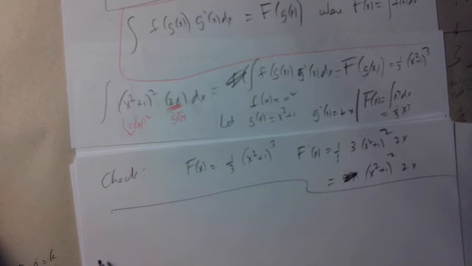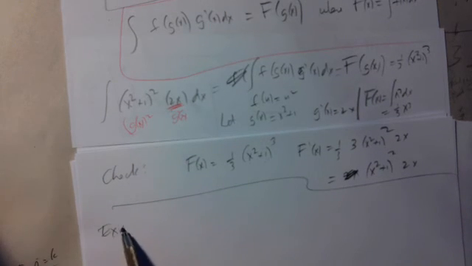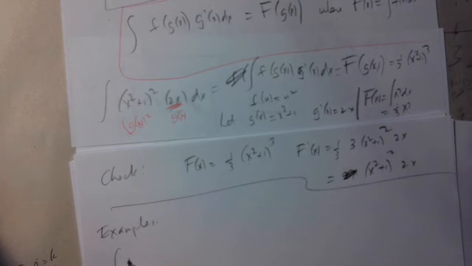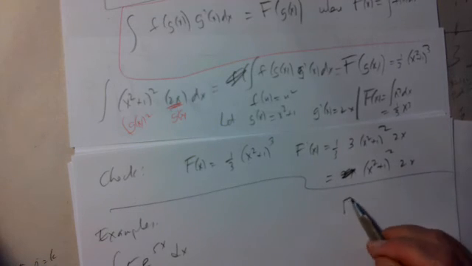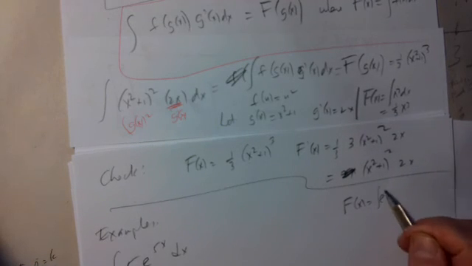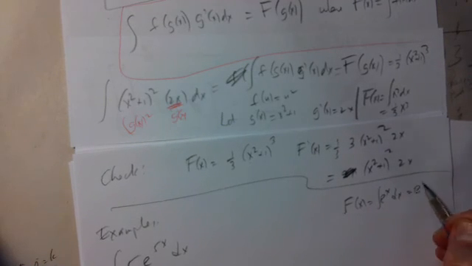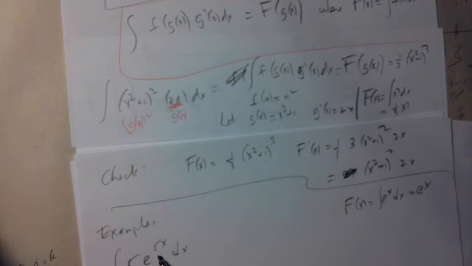So here, let's do a number of examples. Suppose we have the integral of 5e to the 5x dx. So what we know is if f of x is the integral of e to the x dx, that's equal to e to the x. We know that. But here we have e to the 5x.